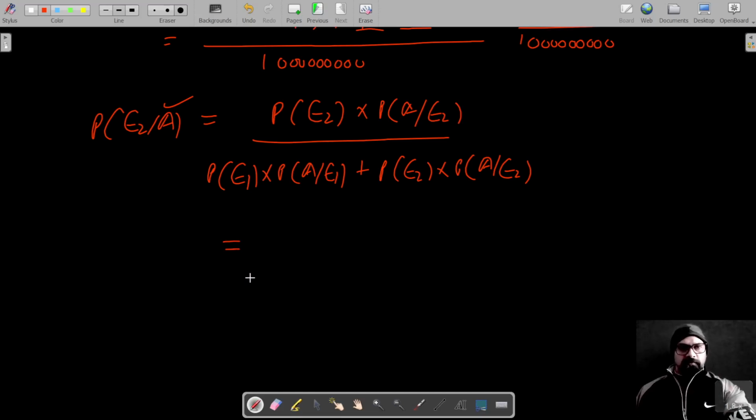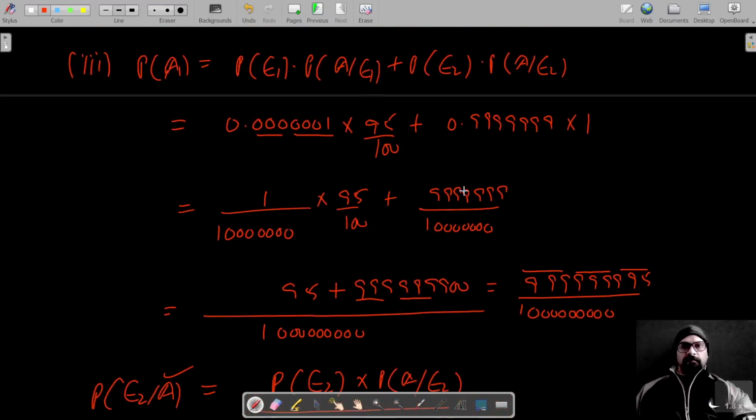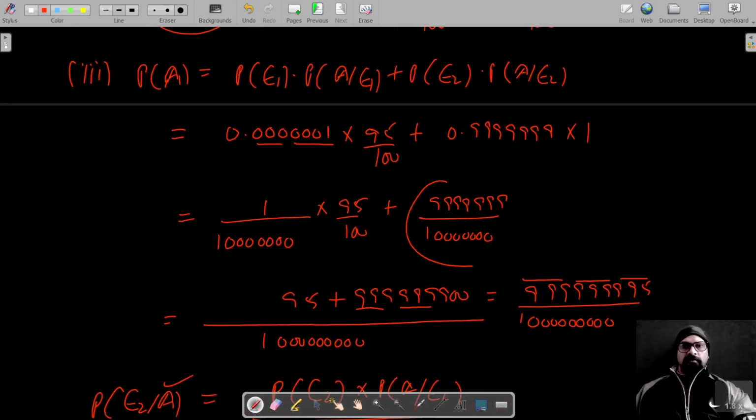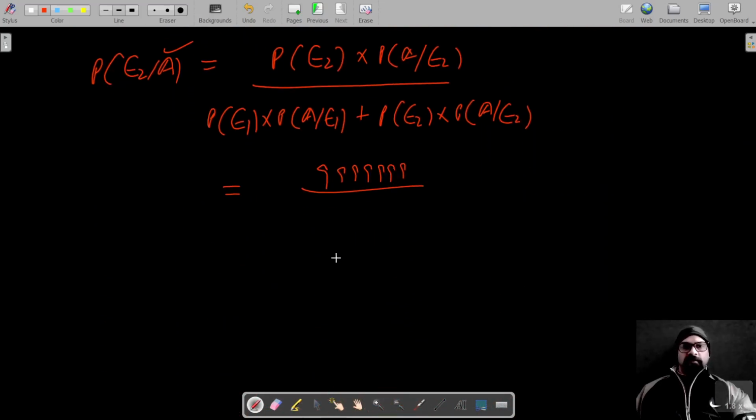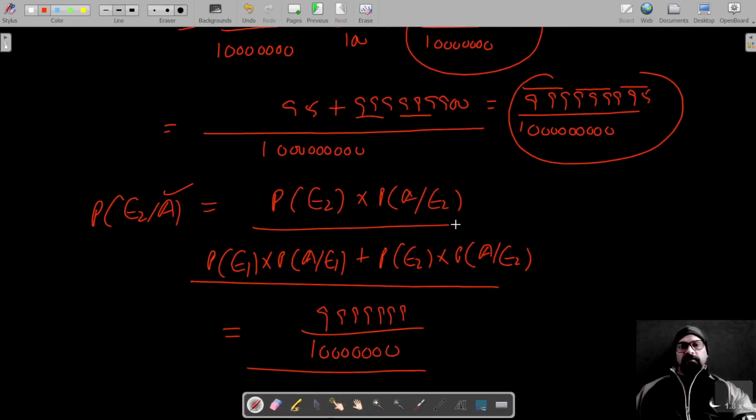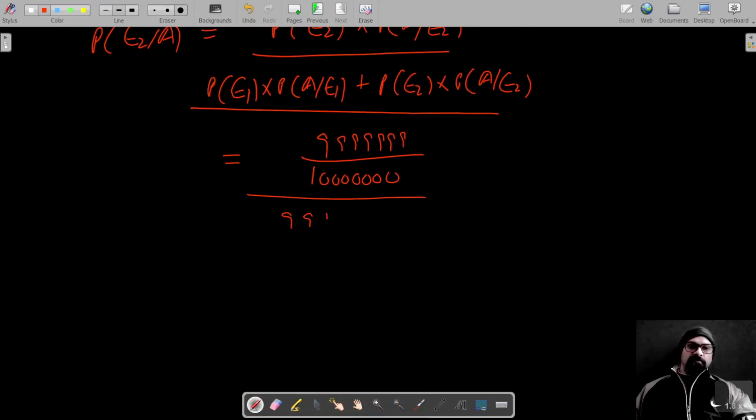Let's put in the respective values. E2 into A by E2 is this, divided by what we have already calculated here.